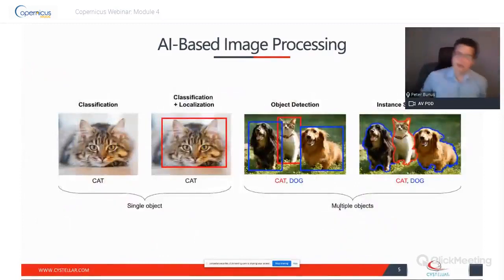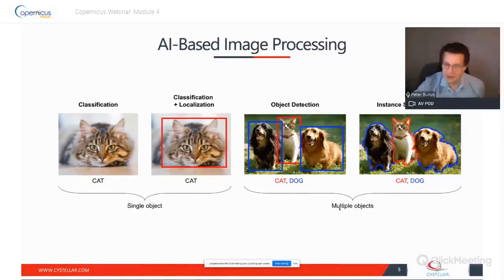I would say that, in connection with satellite imagery, these are the particular aspects they are looking for. We want, first of all, to classify images, right? In the very first example, you see the image of a cat.